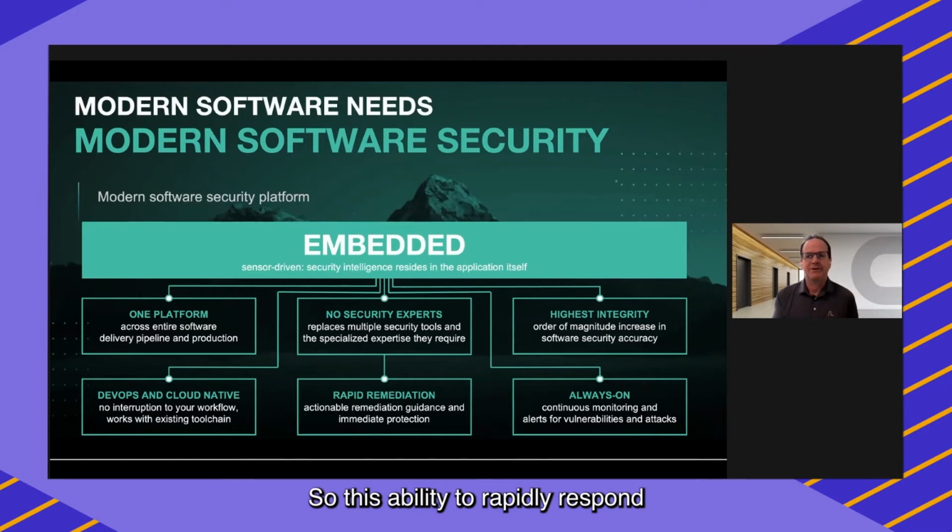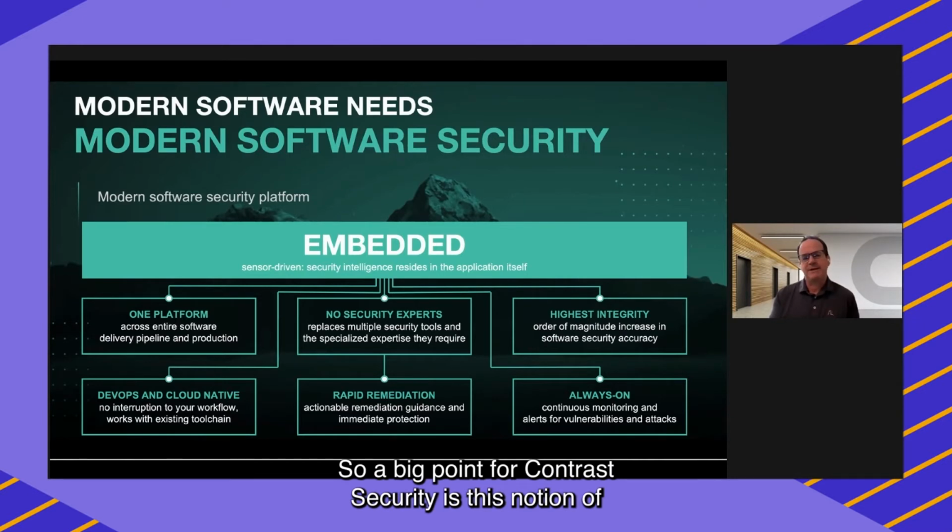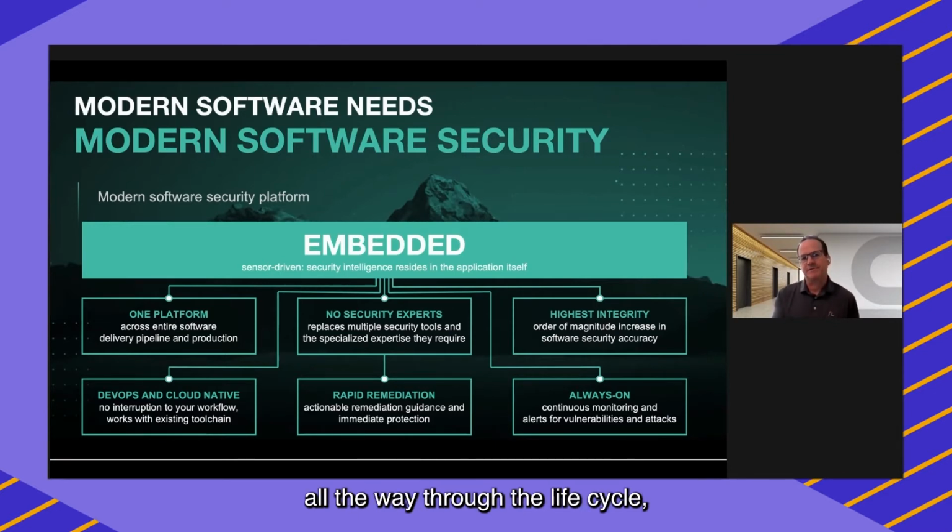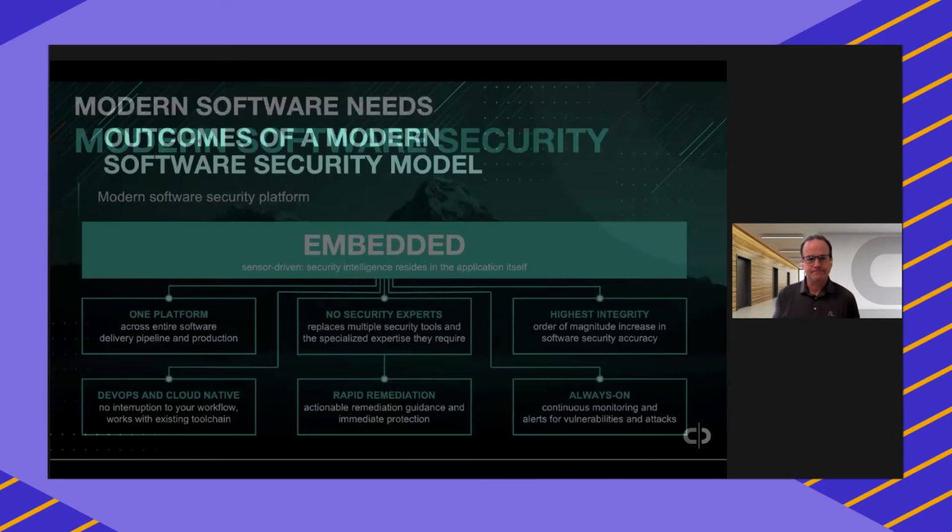So this ability to rapidly respond and remediate those vulnerabilities. A big point for Contrast Security is this notion of embedding your security right along in your application, all the way through the lifecycle from development into production. It's a common platform and a common technology.